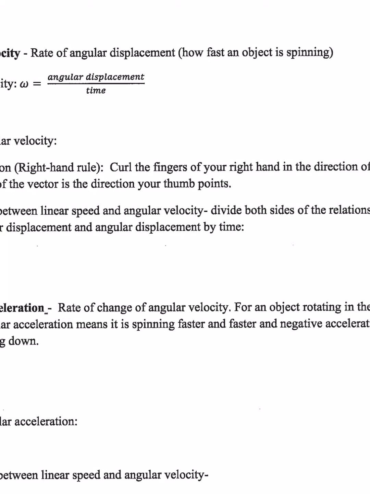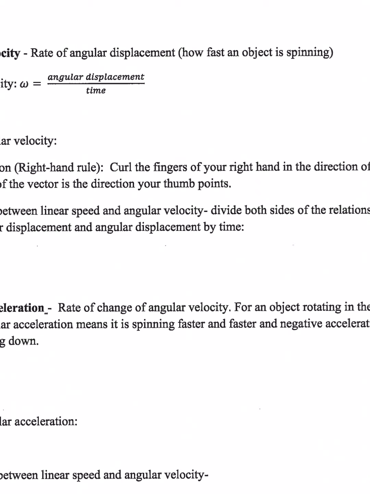Notice that this is no longer v, it is omega. Omega is the Greek letter for angular velocity. Angular velocity is going to be the angular displacement, the change in angle, over the change in time.